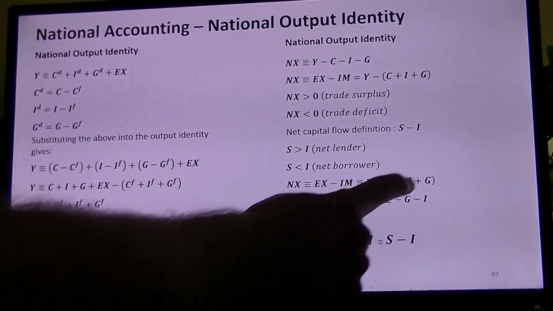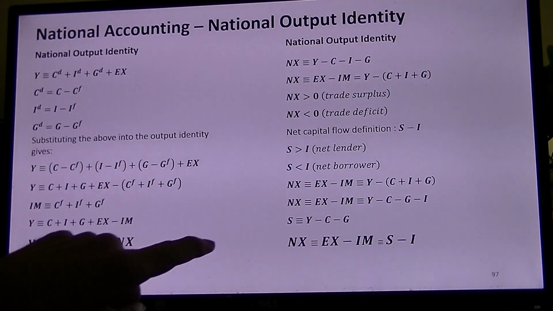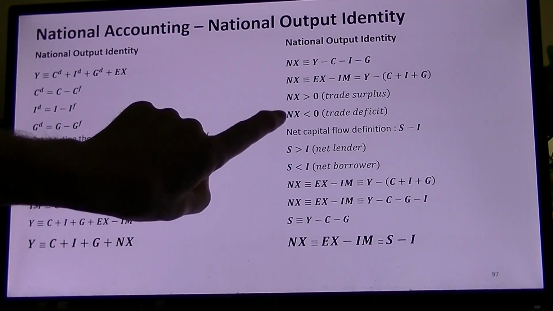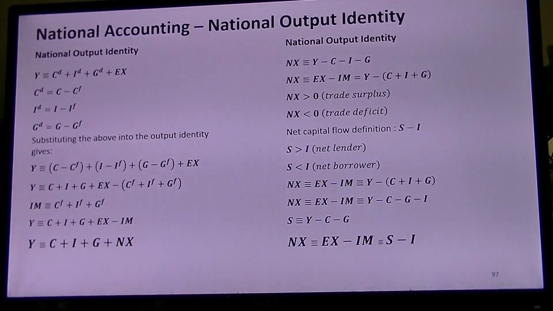This involves the net lender and net borrower, where we're talking about capital flow, and trade flow, whether there's a trade surplus or trade deficit, is shown here. So what that's telling us is that there's a very important relationship between savings, capital flow, and trade flow. All of those are interconnected.